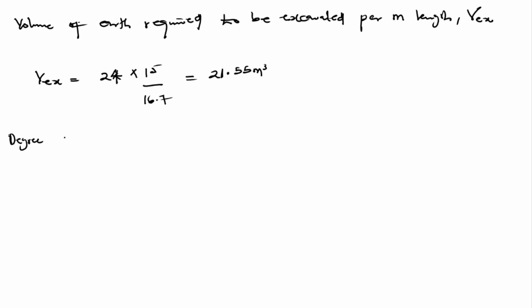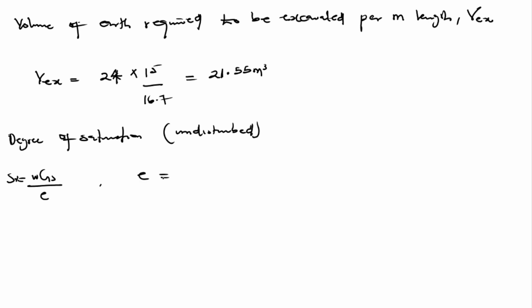So we're also asked to find the degree of saturation in undisturbed and remolded state. So let's start with the undisturbed state. So Sr will be given by this relationship w G all over e. That's our void ratio.